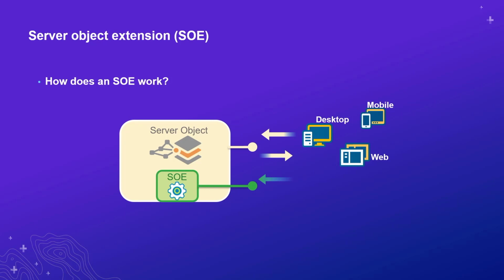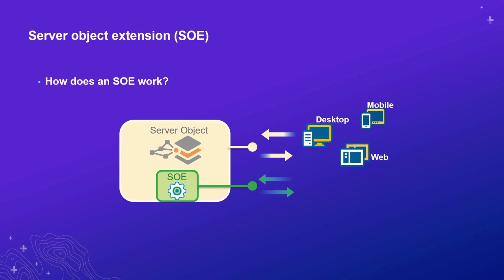The SOE will process this request based on the custom logic defined within the SOE, and at last, the SOE generates a response and sends it back to the client. So this process involves lots of customization done by the SOE. So first, a new service endpoint is defined by the SOE.